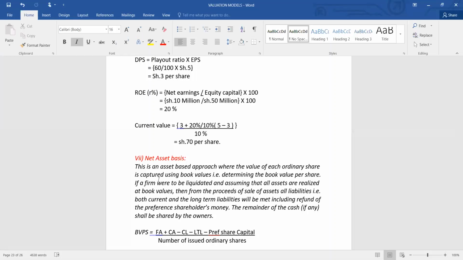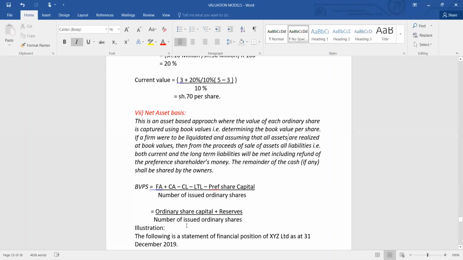So net asset basis is an approach where the value of each ordinary share is worked out using book values. So the value of a share that we are determining is known as the book value per share. This is the one I'm talking about here, BVPS, book value per share.